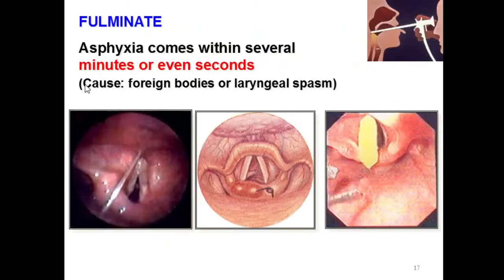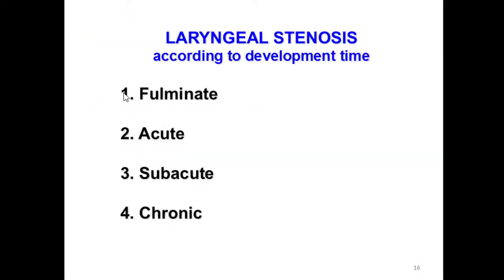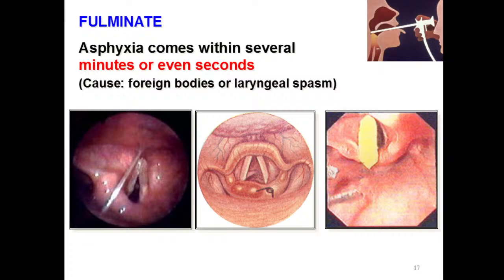If we are speaking about fulminant stenosis, it means that asphyxia comes within several minutes or even seconds. The main reason for this condition is foreign body or laryngeal spasm, but of course more common is foreign body. Foreign body in the larynx may appear due to several reasons.